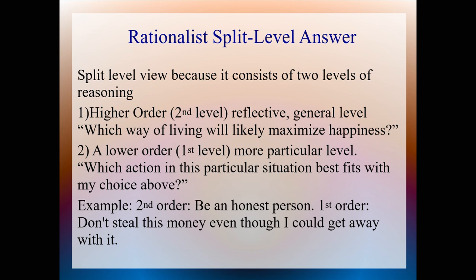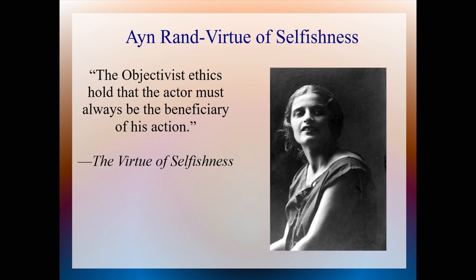So anyway, that's the rationalist split level approach. It tells us you can use logic to determine whether you could be Jack or Jim, but it doesn't really tell you which one you should be. So it just says you can use logic there.